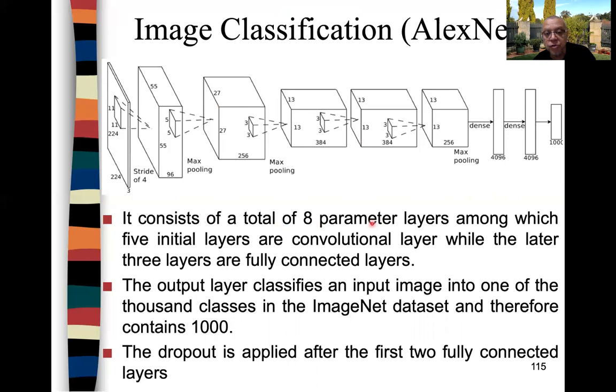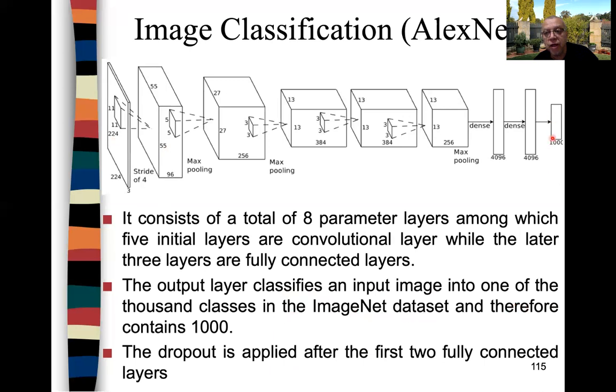So you know how to get these numbers. It consists of a total of 8 parameter layers. So 1, 2, 3, 4, 5, 6, 7, 8, where the first 5 layers are convolutional layers, while the latter 3 layers are fully connected. So you have here a fully connected layer. And the output, because it's used with ImageNet, classifies an input image into one of the 1,000 classes in the ImageNet dataset.